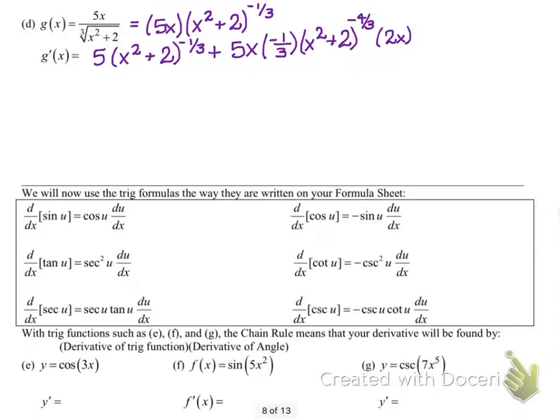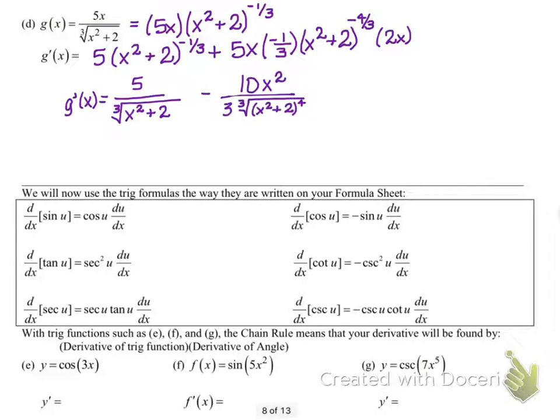Now, if you are taking a test, you stop right there. But we aren't taking a test. And we simplify, and we have something that you should be able to figure out. 5 times 2 is 10. X times x is x squared.